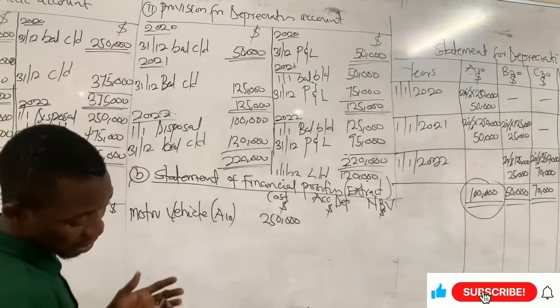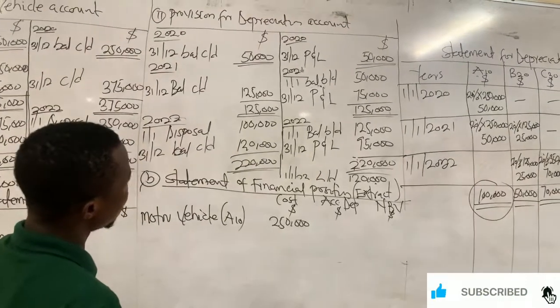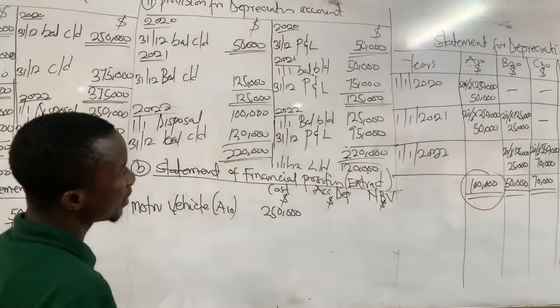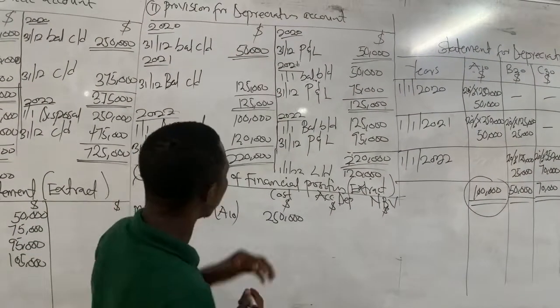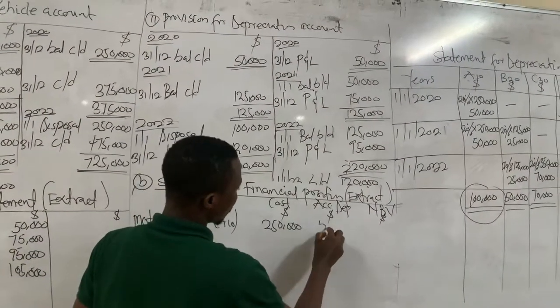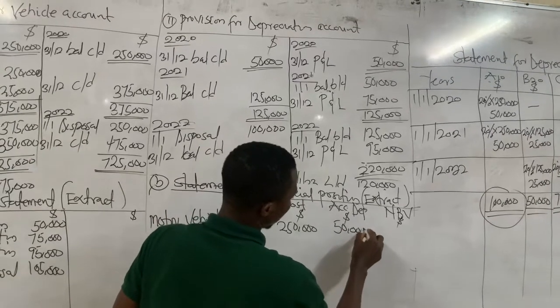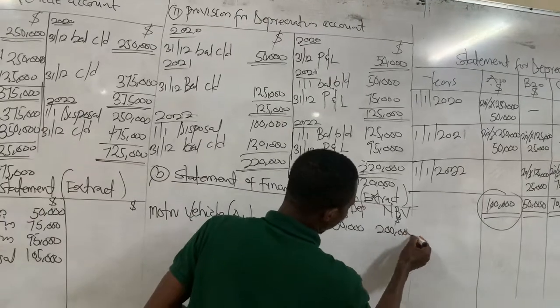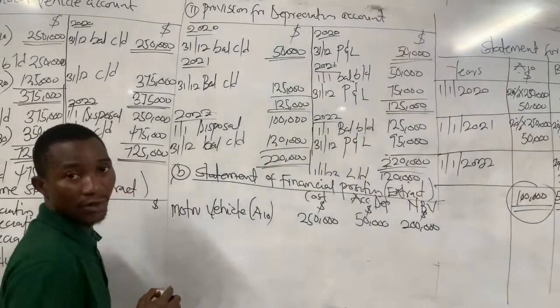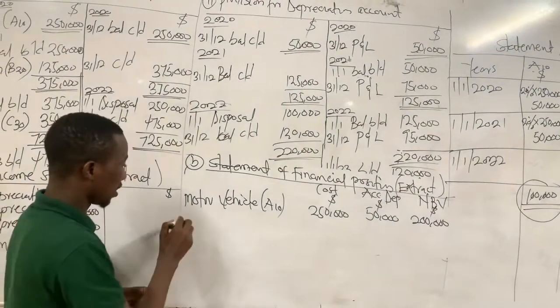Then we come to consider its accumulated depreciation. Is that okay? Its accumulated depreciation is 50,000. We bring our 50,000, and the net book value will be 200,000.